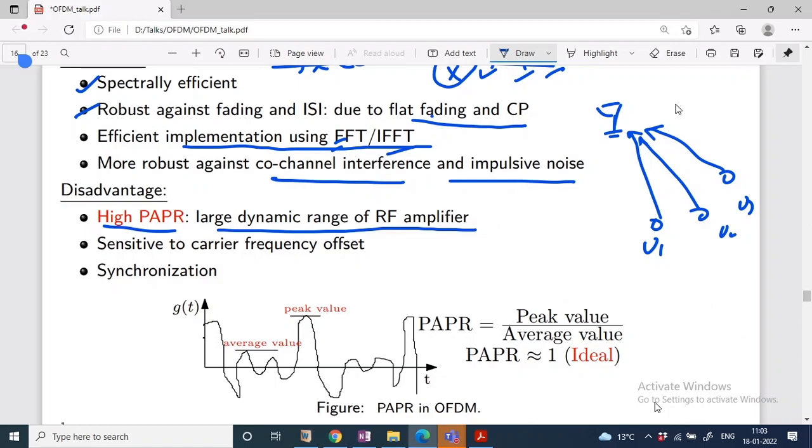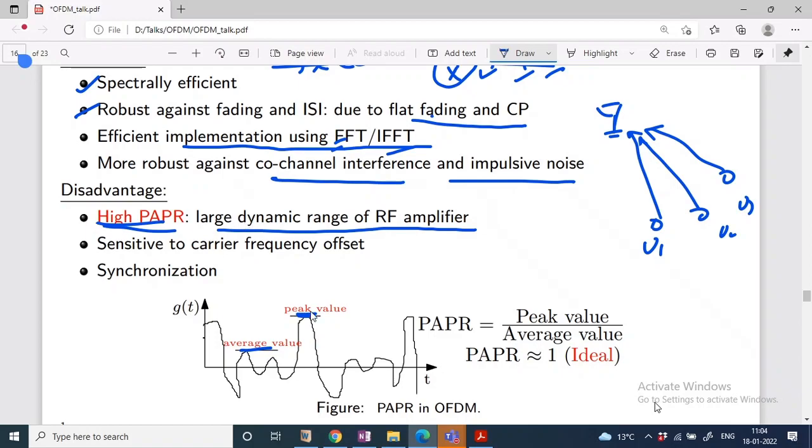These carriers may add constructively or destructively at the base station. When they add constructively, the peak goes up, and when destructively, the value goes low. Sometimes they have a low value, sometimes a very high value, so the peak to average power ratio is higher.